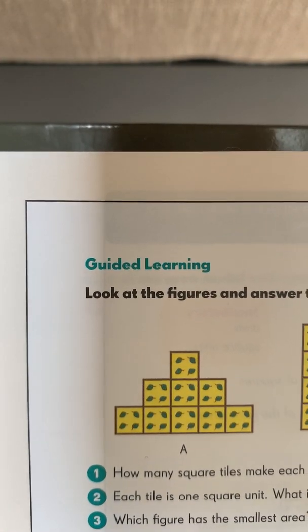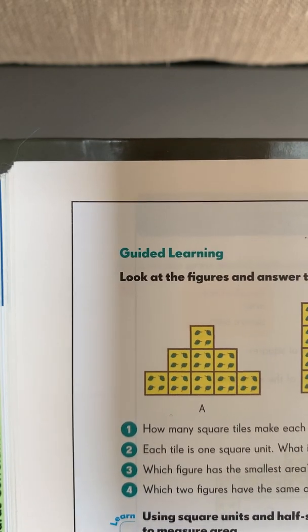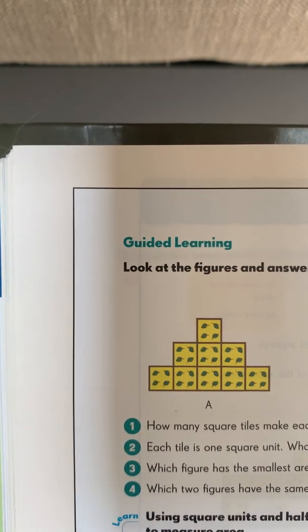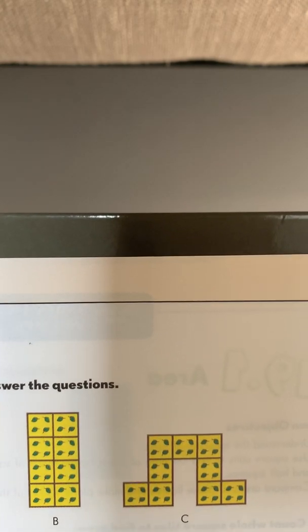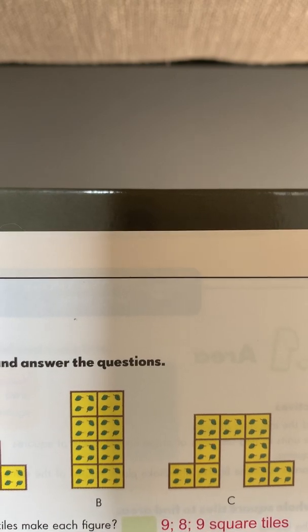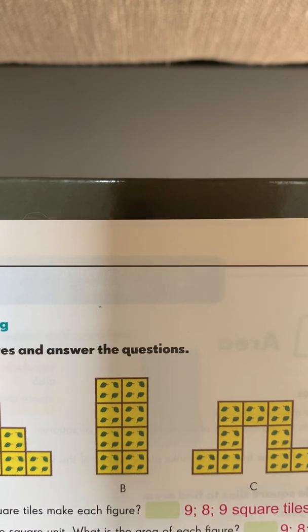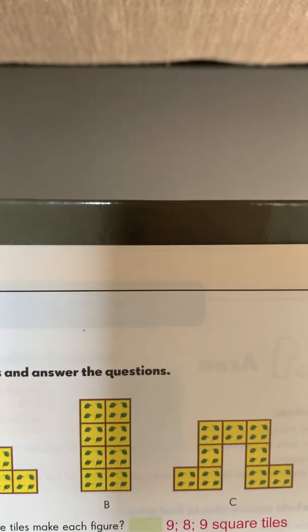Everybody on your whiteboard, go ahead and write down how many square tiles A has. Perfect. What about B? What about C? And then number 2 says each tile is 1 square unit. What is the area of each figure?